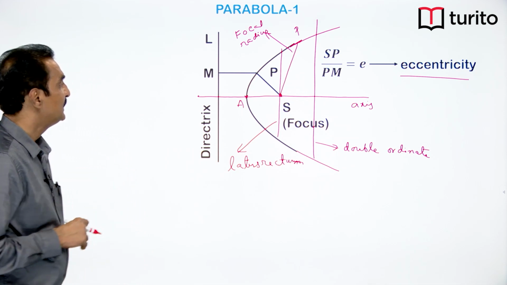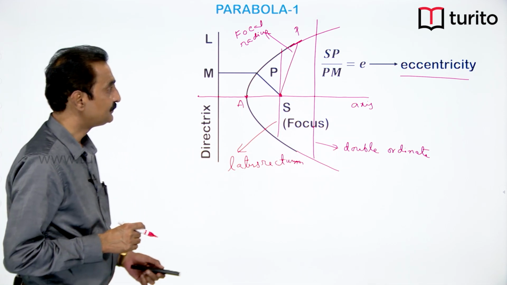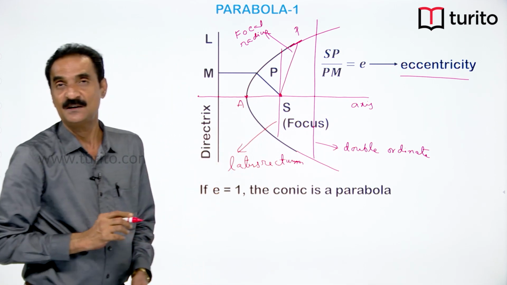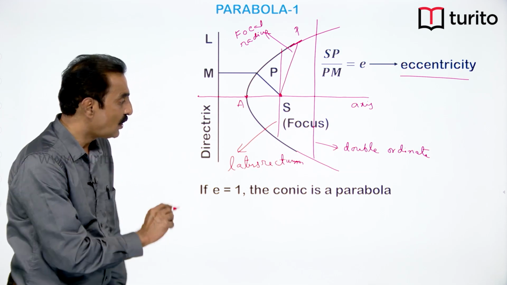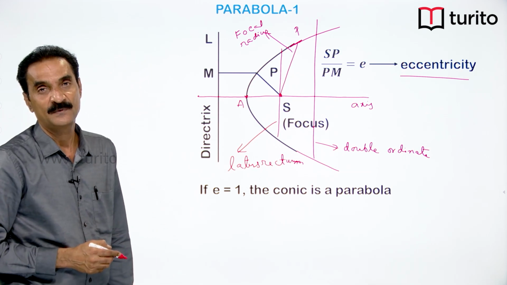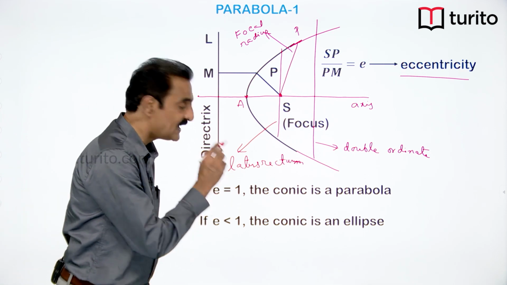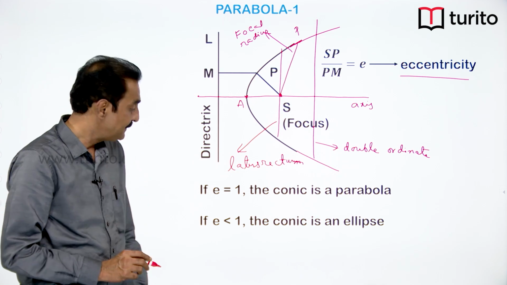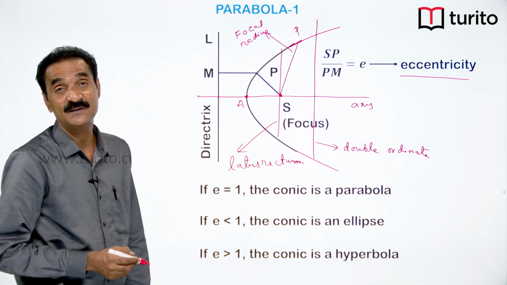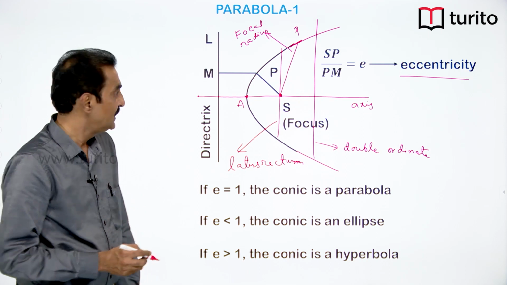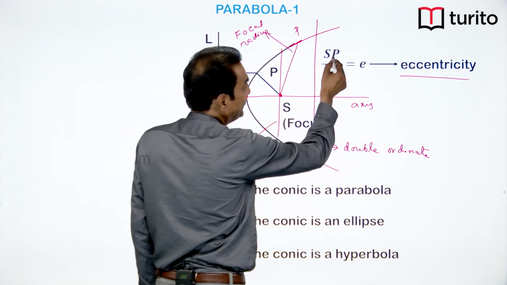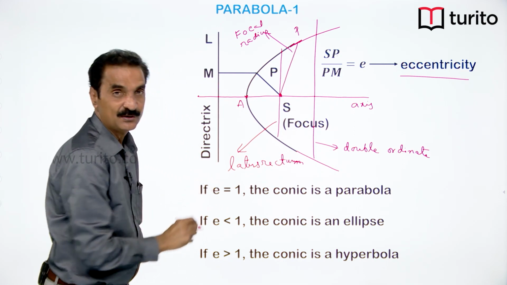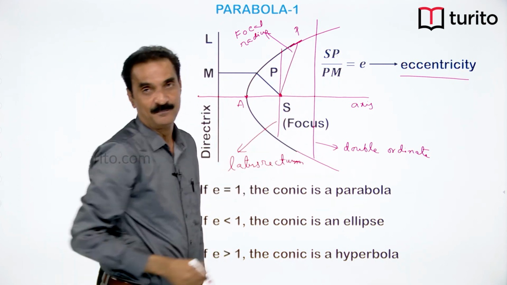Okay. Next, if the eccentricity of the conic is equal to 1, the conic is called a parabola. If the eccentricity is less than 1, then the conic is called an ellipse. If the eccentricity is greater than 1, the conic is called a hyperbola. So, here what is the eccentricity? SP by PM. In case of parabola, E is equal to 1, so SP is equal to PM.